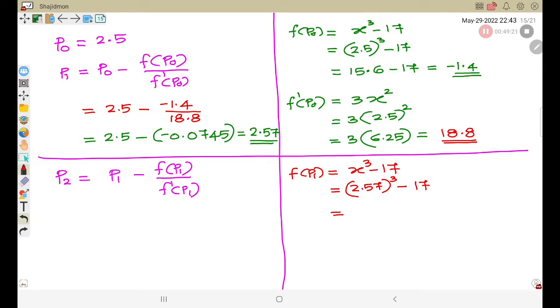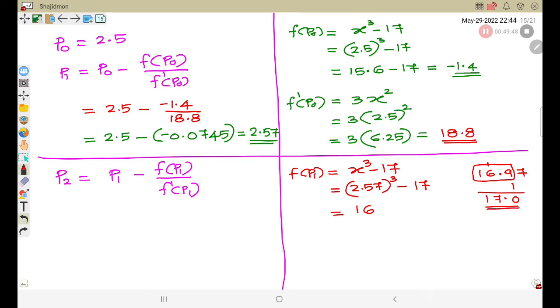You can check by calculator. It is 16.97. We need only 3 digits, but for rounding we need to add 1 here: 9 plus 1 is 10, carry 1, 6 plus 1 is 7.